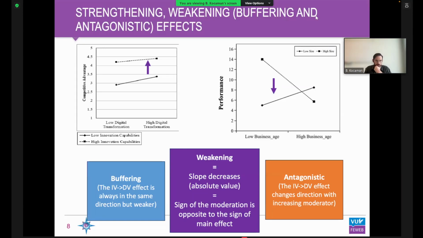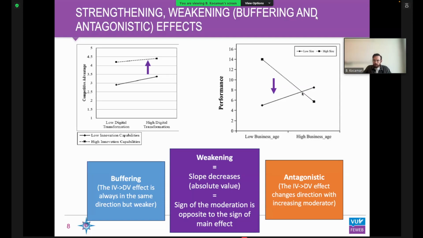Yes, that's correct. Both antagonistic and buffering are examples of weakening effects. But how does it just flip? This moderator might be so important that if you don't consider the firm size, you might make wrong conclusions.